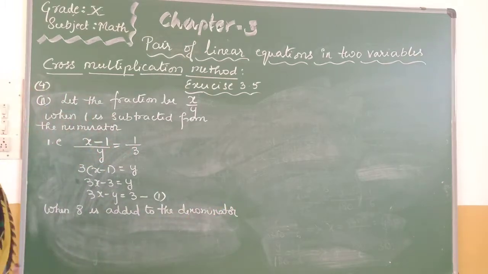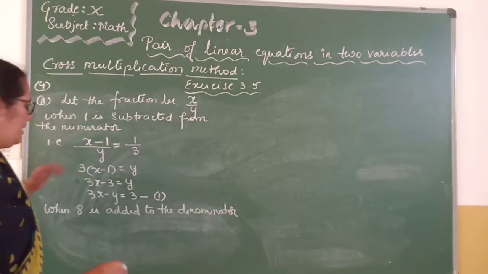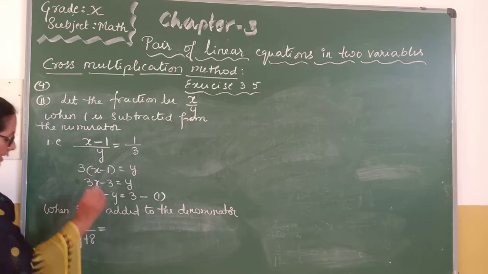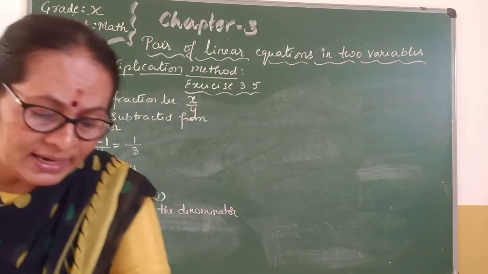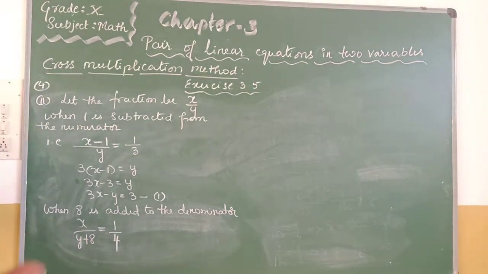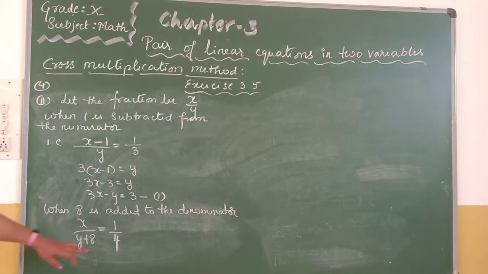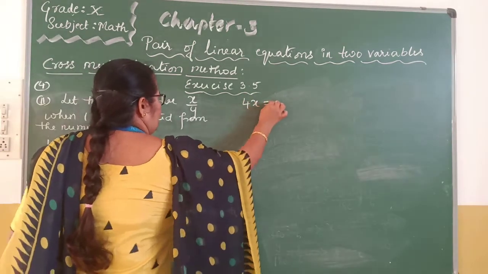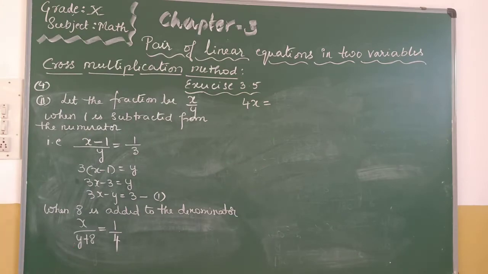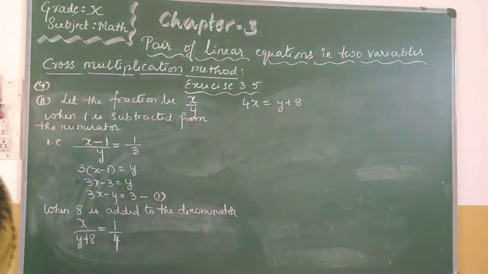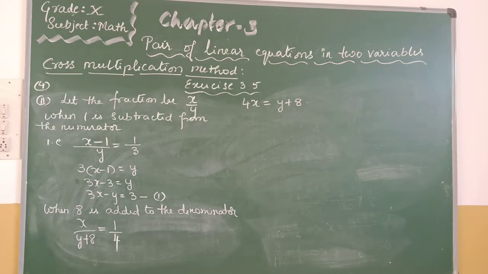So what is the denominator here? y. So x by y plus 8, then the fraction becomes 1 by 4. So cross multiply: 4x equals 1 into y plus 8. 4x equals y plus 8.